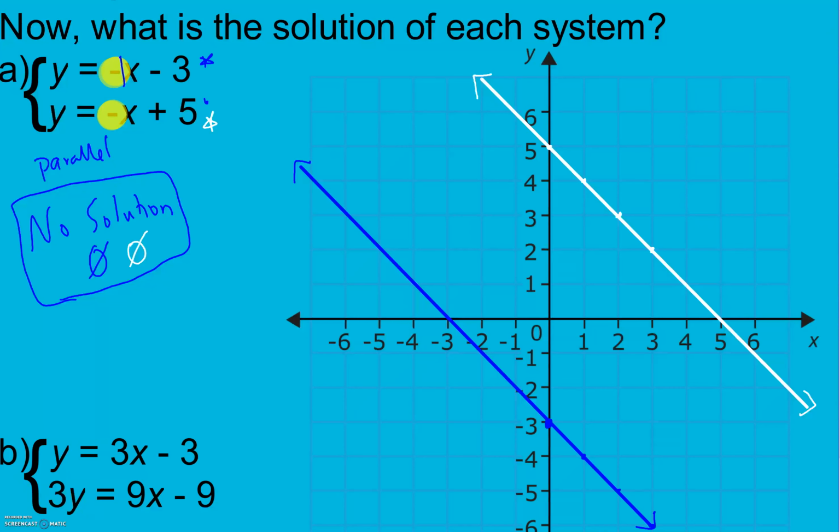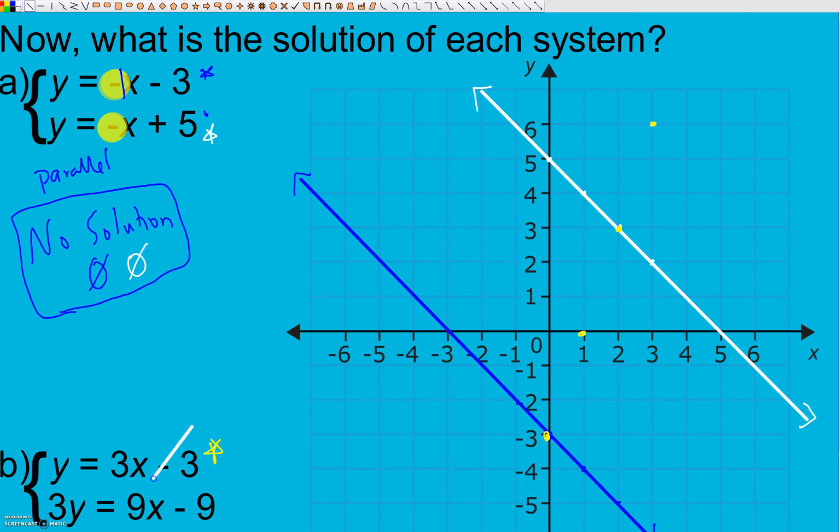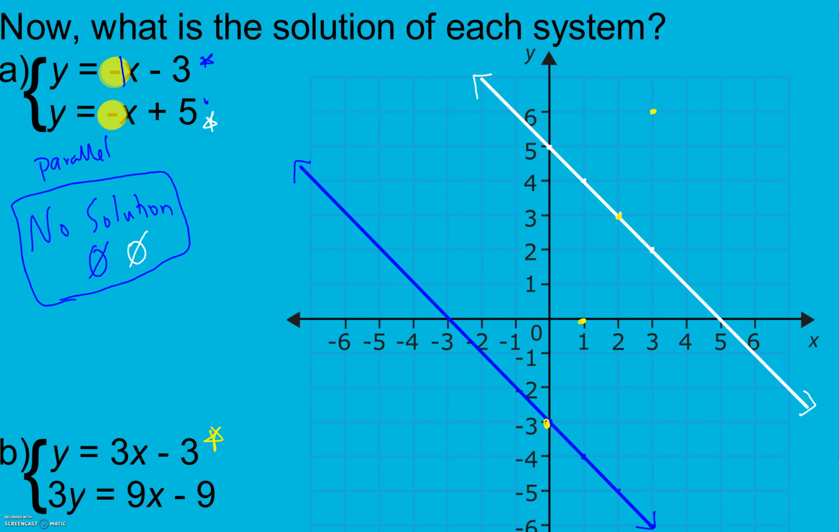On B, I'm going to start at -3. I'm going to go up 3 over 1, up 3 over 1. Start at -3 for my intercept, and my slope is 3 over 1.